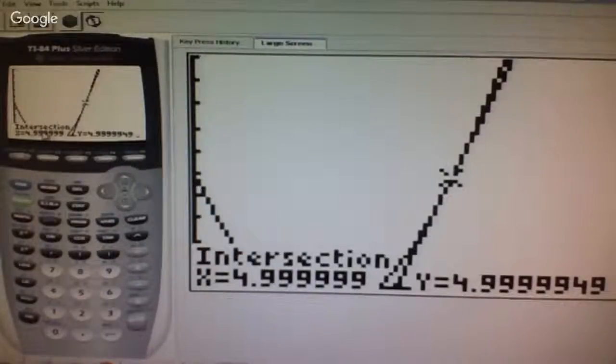It won't let me calculate. I say error. Error, no sign change.